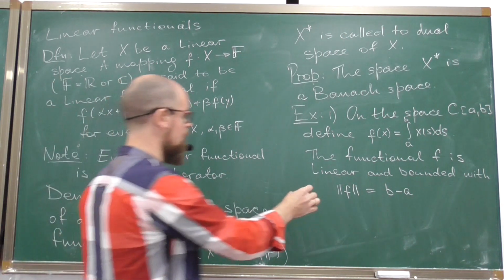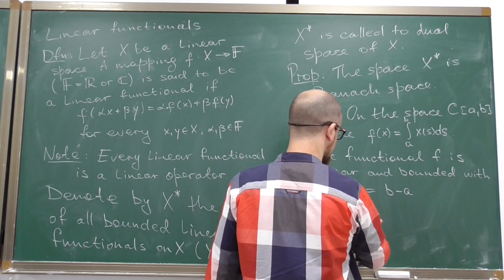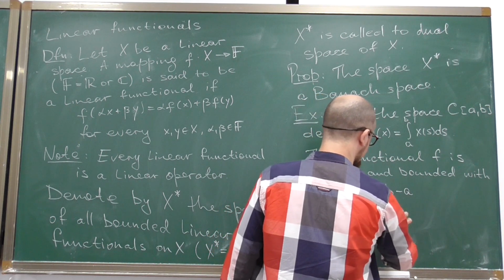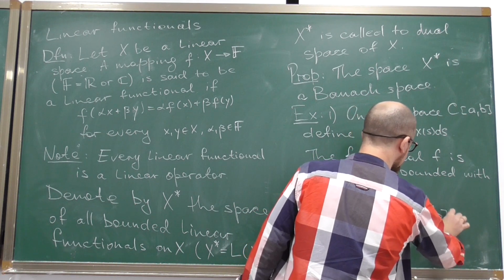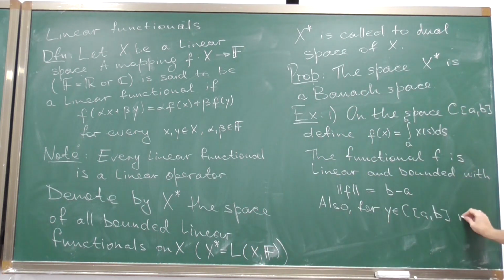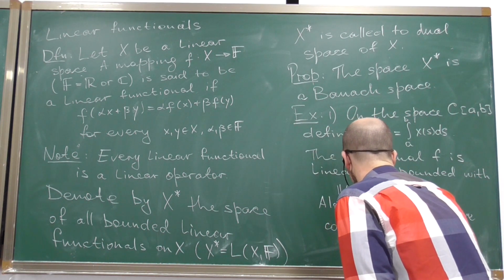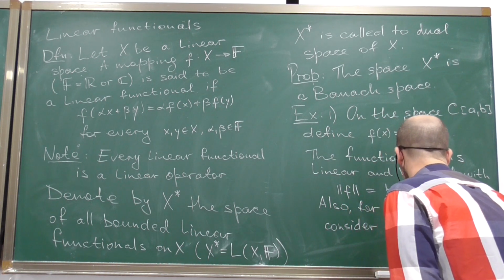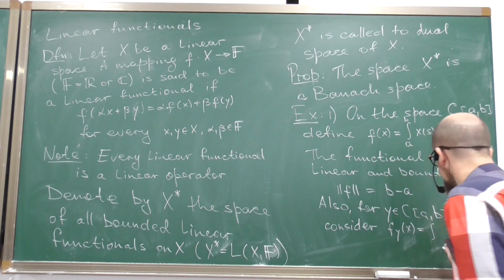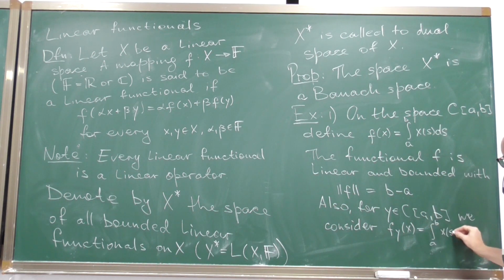On this space we can consider a more general functional. For every continuous function y from this space, we can consider the functional f sub y of x, which equals an integral of x of s multiplied by y of s.